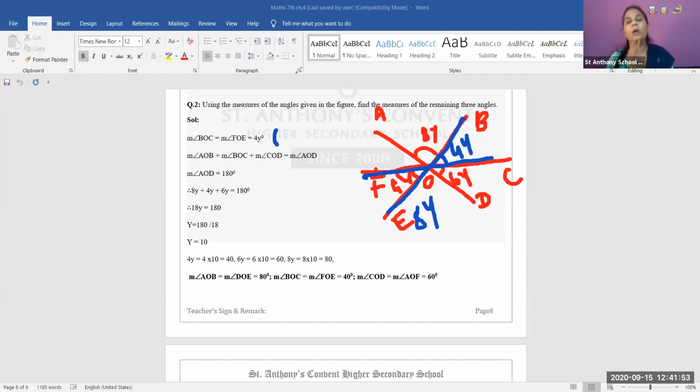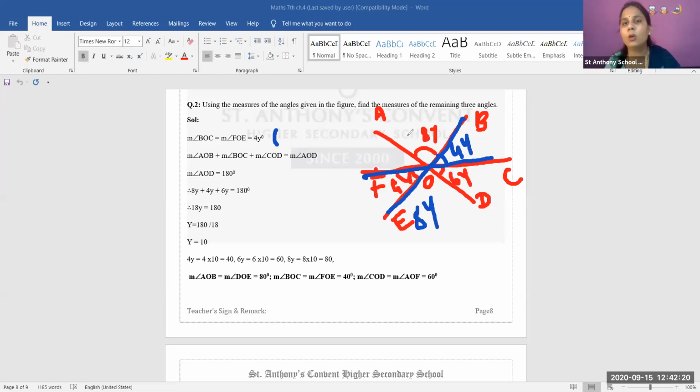To find the value of y, we will take the measure of angle AOD. This angle AOD is equal to AOB plus BOC plus COD. This AOD is a linear pair, angles in a linear pair, so how many angles are on this linear pair? Angle AOB plus BOC plus angle COD.